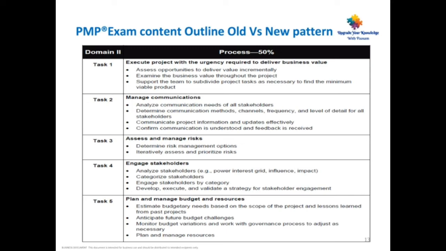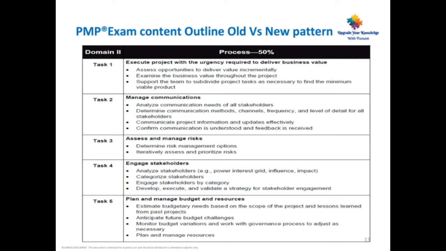This is a part of agile methodology. Task 2, manage communications: analyze communication needs of all stakeholders, determine communication methods, channels, frequency and level of detail, communicate project information and updates effectively, confirm communication is understood and feedback is received.